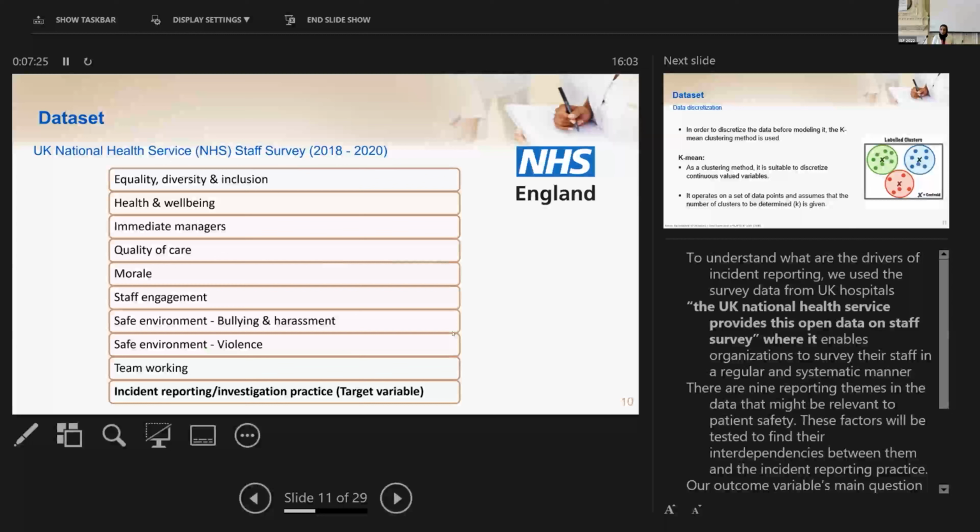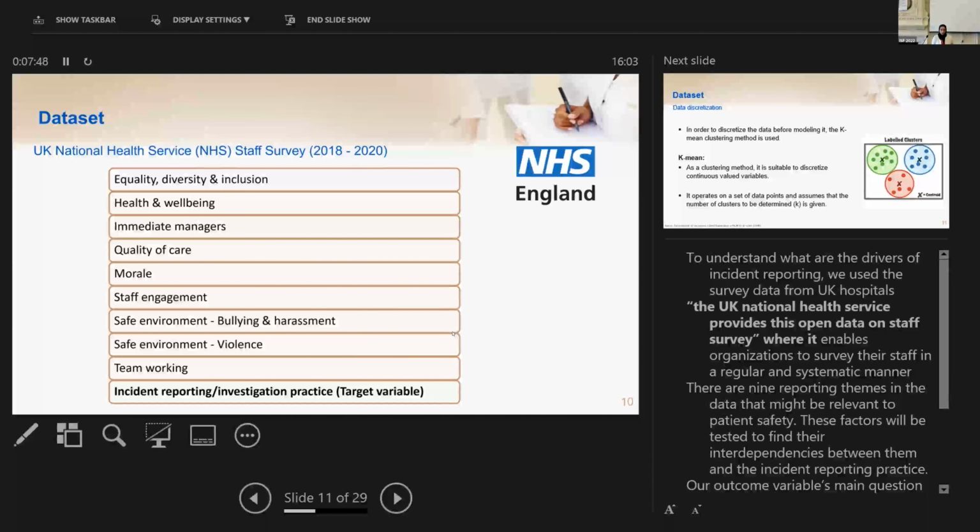To understand the drivers of incident reporting, I used the survey data from UK hospitals. The UK National Health Service provides this open data online for staff, which enables organizations to survey their staff in a regular and systematic manner. There are nine reporting themes in the data that might be relevant to patient safety.